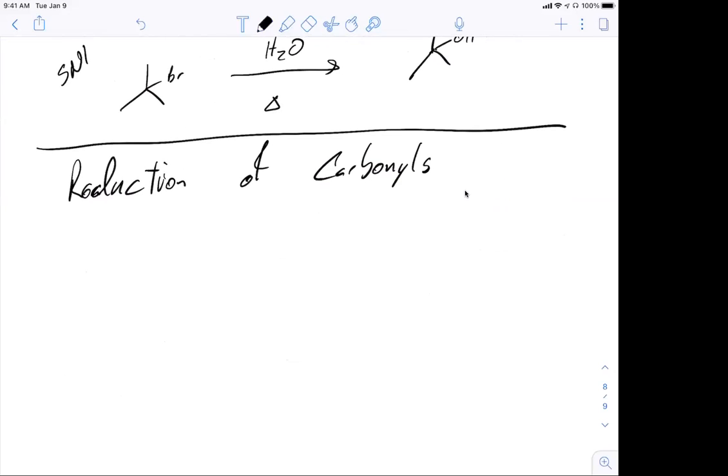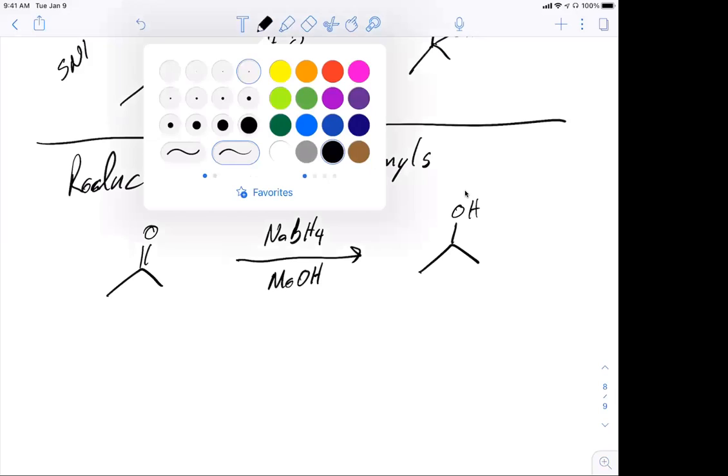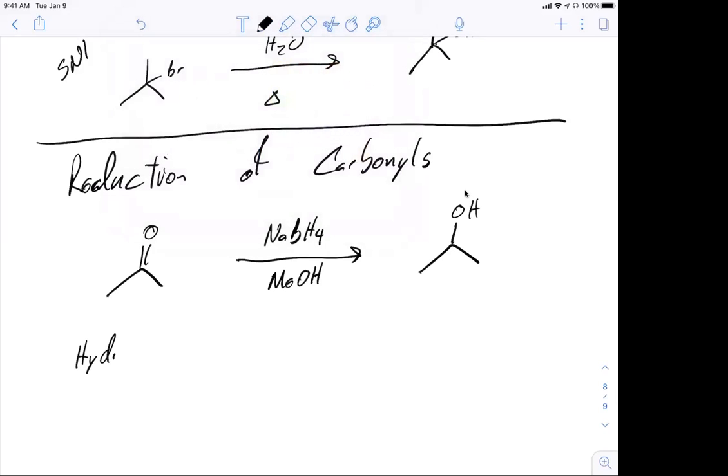Okay, so we're going to make alcohols as reductions of carbonyls. If we use a hydride donor, and your main two hydride donors, we'll add some to this as you go through the year, are sodium borohydride and lithium aluminum hydride.